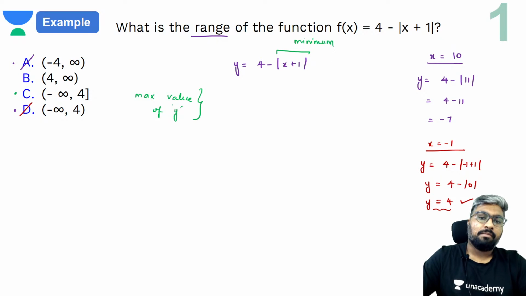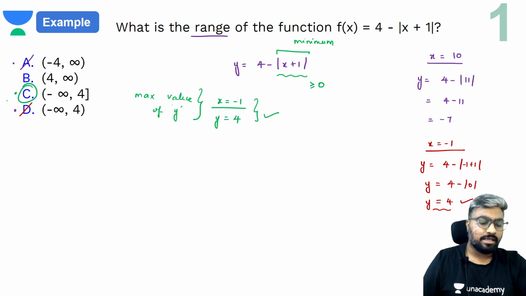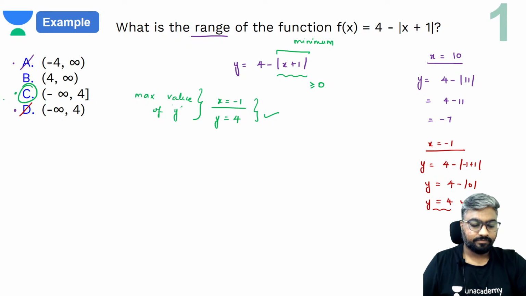And because this part is in modulus, we know the least possible value should be 0. So to get x plus 1 as 0, x will be minus 1, giving us the maximum value of y as 4, which is accepted. So the right answer is option C. Clear? Options A and D are incorrect. Option C would be the right answer.